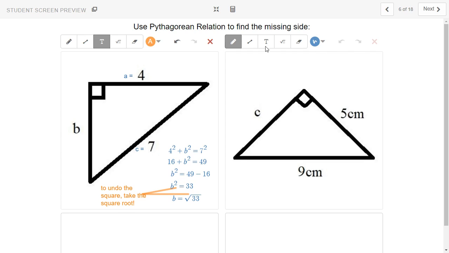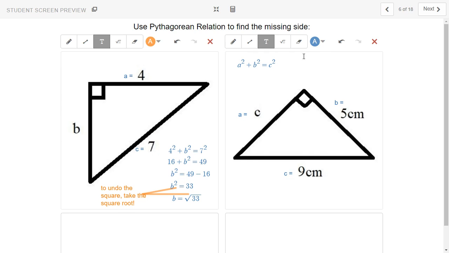We have to count this as either an A or B in my equation. So really, my C in this case is equal to A. B is my 5 centimeters, and we have C is equal to 9 centimeters.